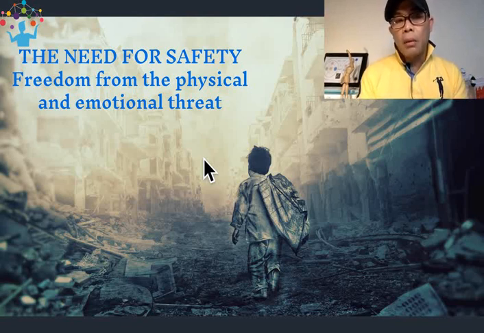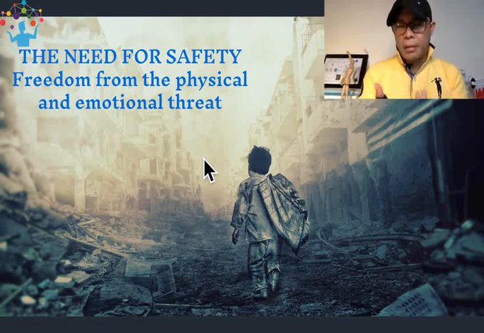Again, when we're teaching children, we have to understand their need for safety and how we can connect that whenever we teach them in their learning process, even the assessment process.